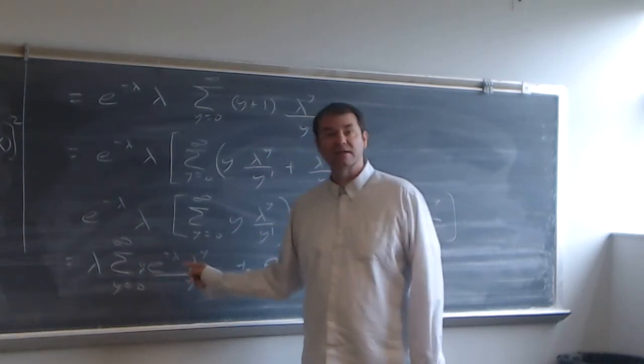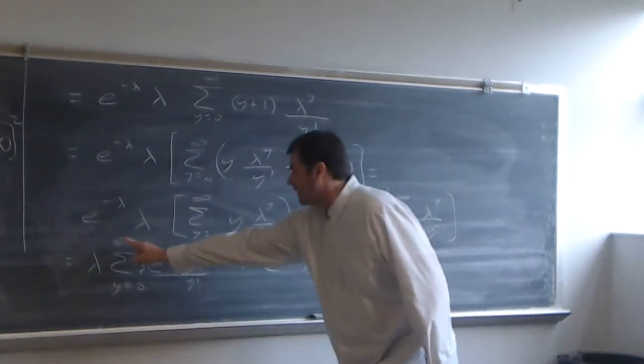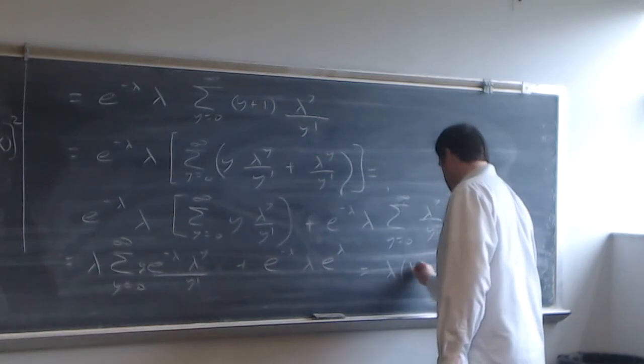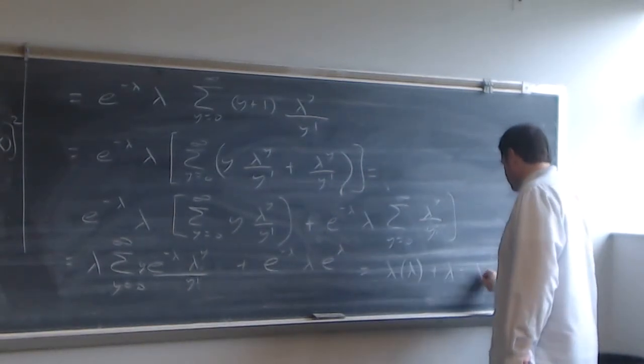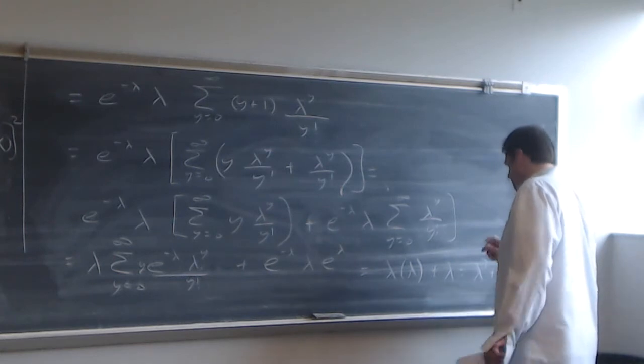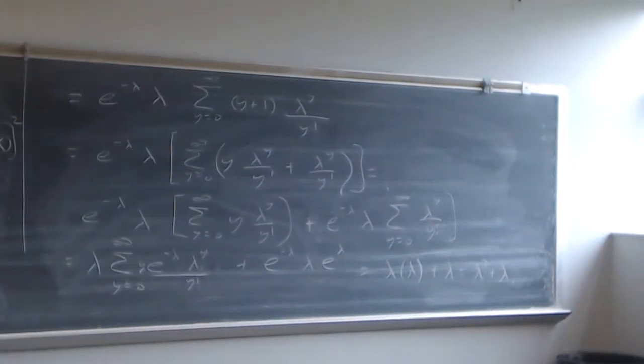Well, we just calculated that a few minutes ago. That is lambda. So this ends up being lambda, and the sum is lambda. And here, this is plus lambda, which equals lambda squared plus lambda. That's what the expected value of x squared is.